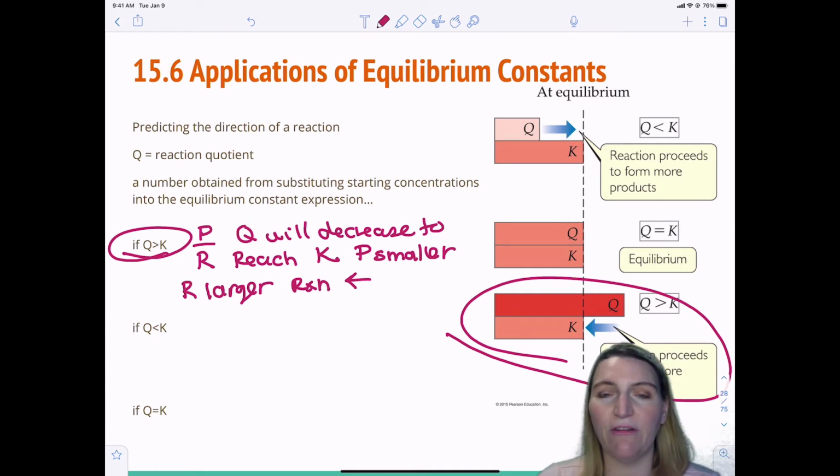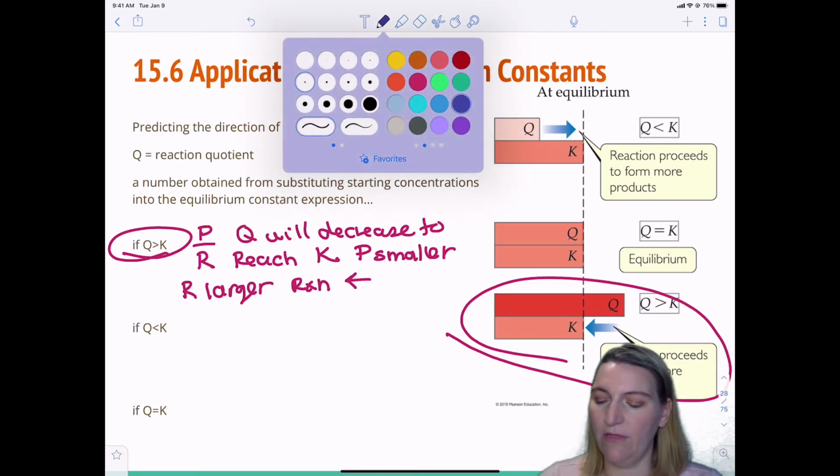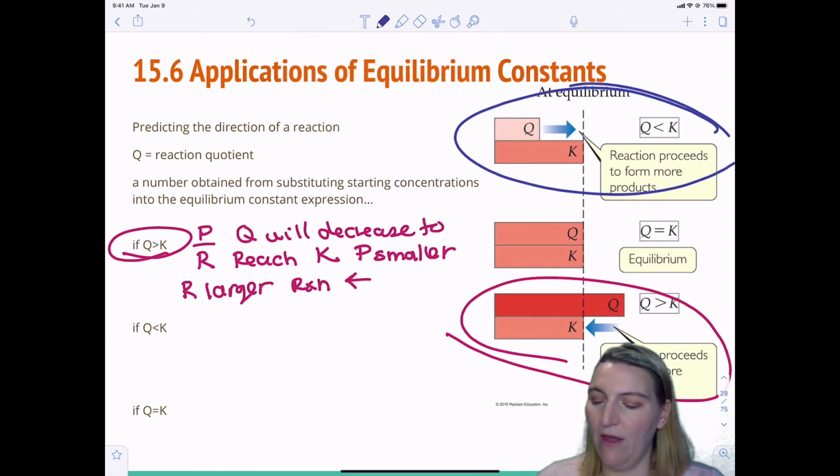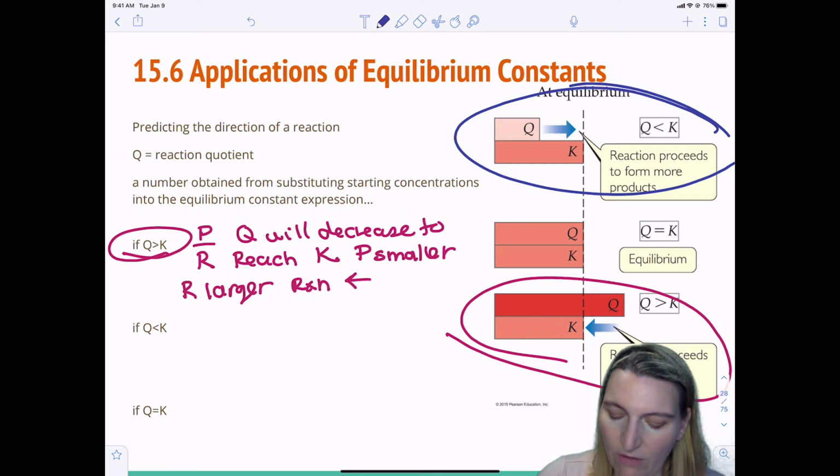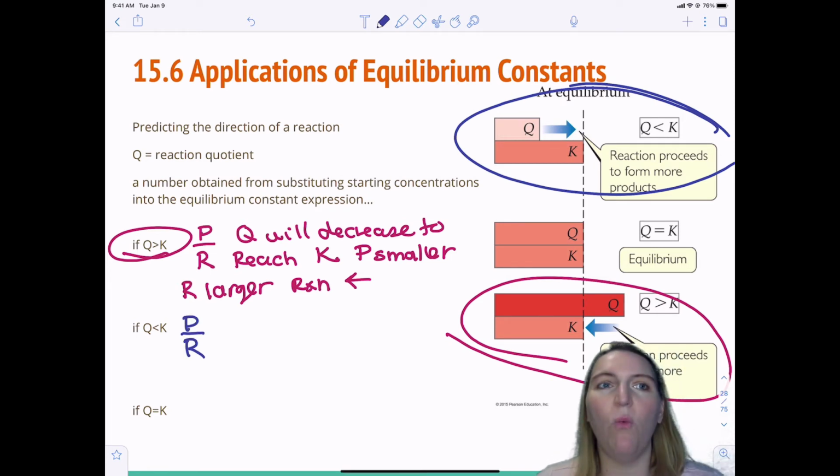That left-hand facing reaction will happen more quickly than the right-hand facing reaction, and then eventually the reaction will settle at equilibrium. Another scenario is when Q is much less than K. When Q is less than K, it's products over reactants. What needs to happen for that to become the equilibrium constant?